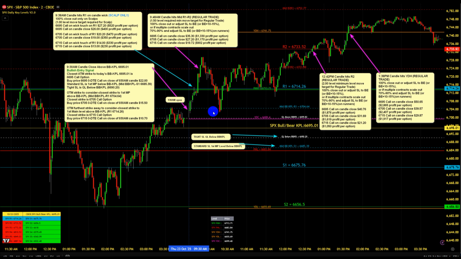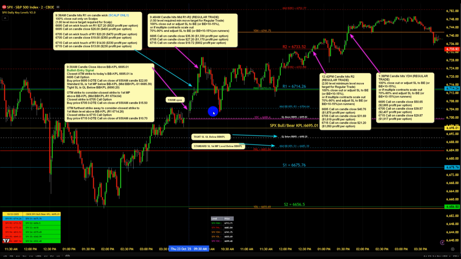Instead, in that situation, we're looking at a gap and go, either a bullish gap and go extreme or a bearish gap and go extreme. In those situations, you would want to pass on the opening trade and simply wait to see what price does after that. And then more than likely, you're going to be making a decision to take either a bullish or bearish trade off one of the other main R or S levels.